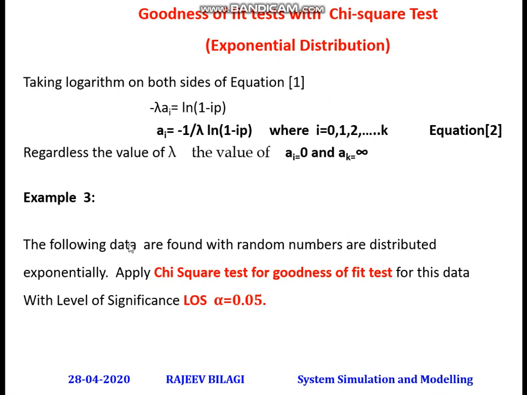With this we'll see one problem so that you will understand how to find a_i, e_i, and all these values. Now the following data are random numbers that are distributed exponentially. Apply the chi-square goodness of fit test for this particular data. The level of significance alpha is equal to 0.05, and in the examination the critical value will also be given.